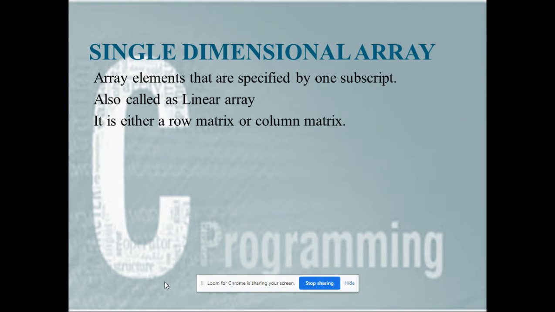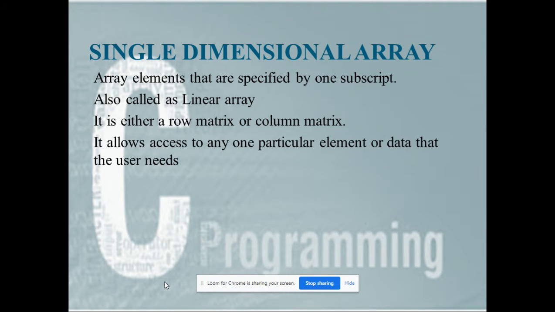You might have studied in your maths, what is a matrix? Yes, you are representing the elements either in a row format or a column format. You have 2 by 2 matrix, 3 by 3 matrix, all those things. Only a single row or a single column will be represented using this single dimensional array. It allows access to only one particular element or data that the user needs.